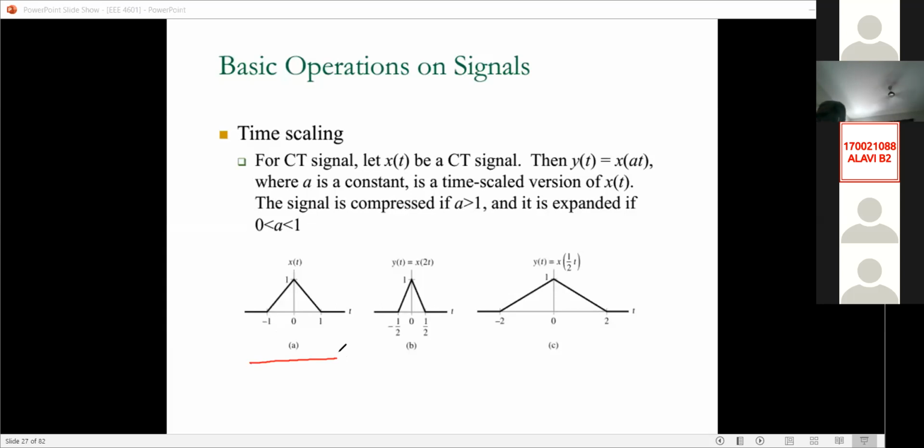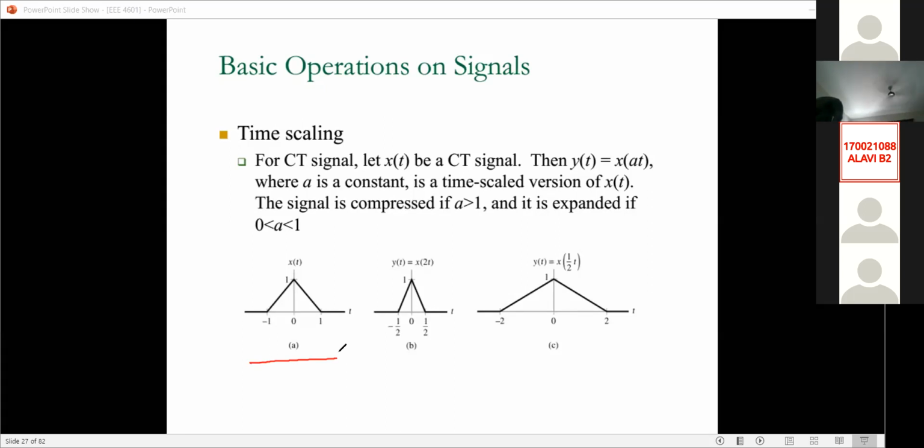Now what I have told you earlier, that your signal can be given in figurative form or it can be given in mathematical form, okay? That you can draw your signal by using mathematical equations, or you can derive your signal from a figure. Now say this signal is operated in this way to find the signal y(t) equal to x(at).